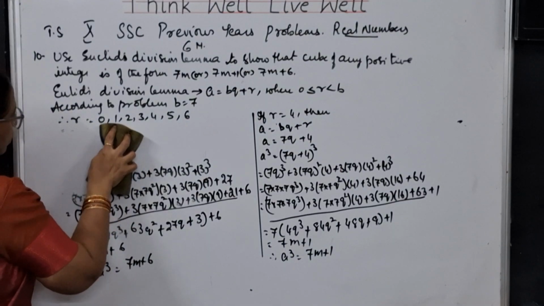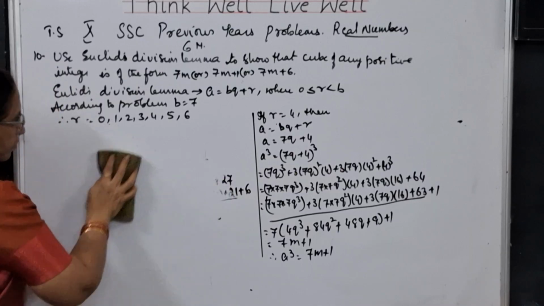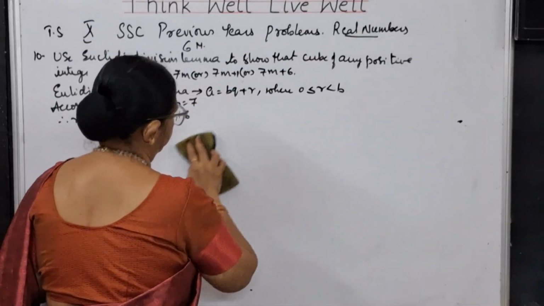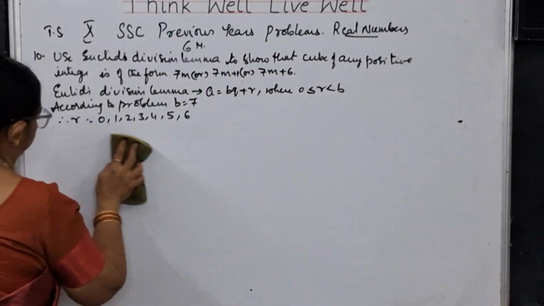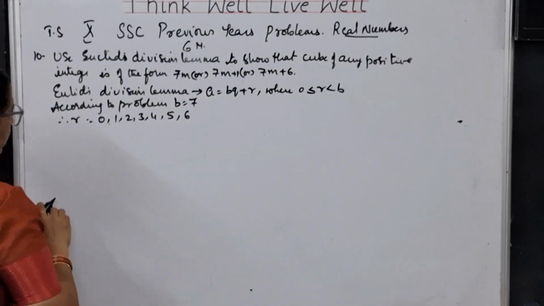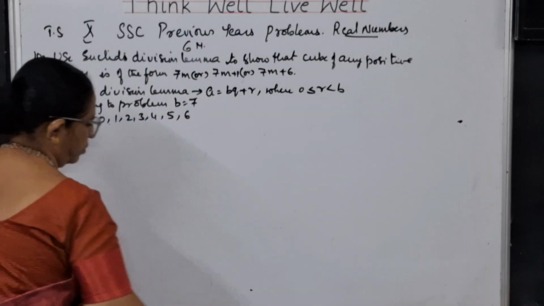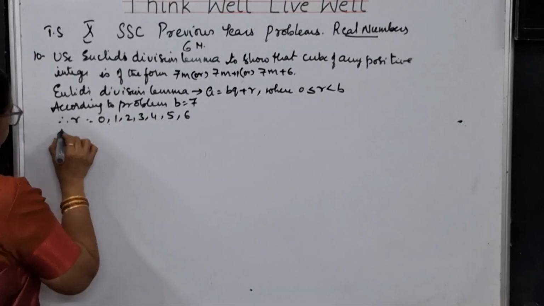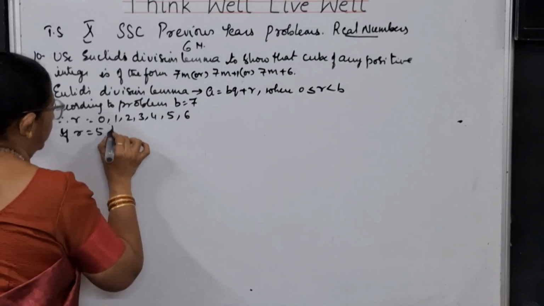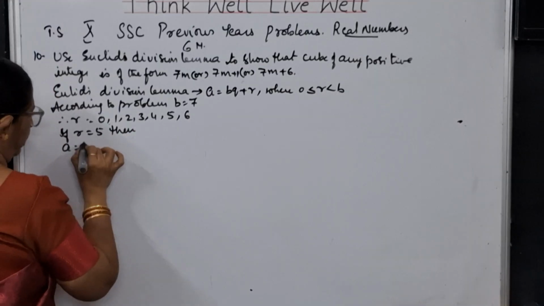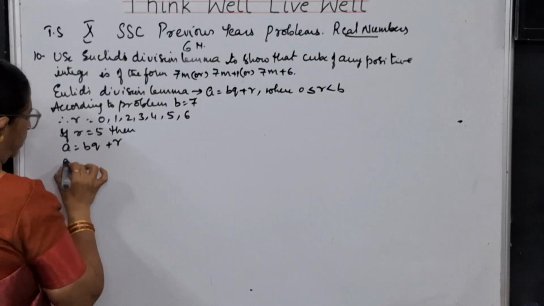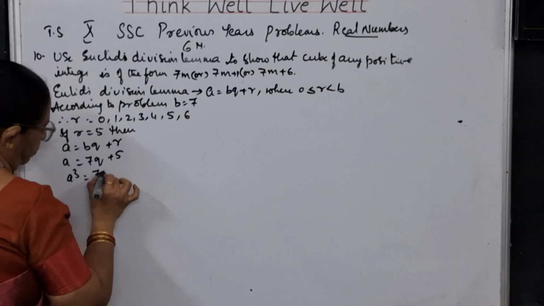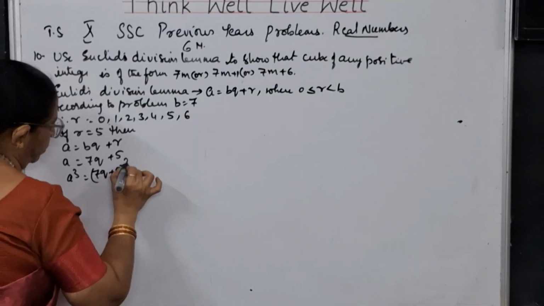Now, if r is equal to 5, then a is equal to 7q plus 5. a cube is equal to 7q plus 5 whole cube.